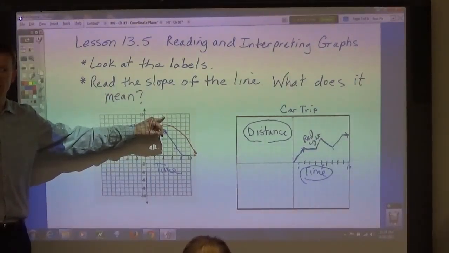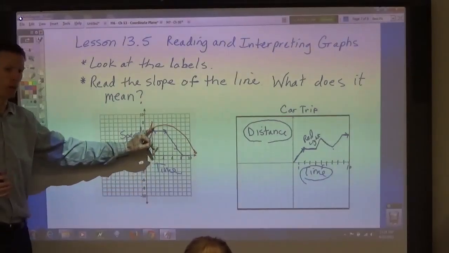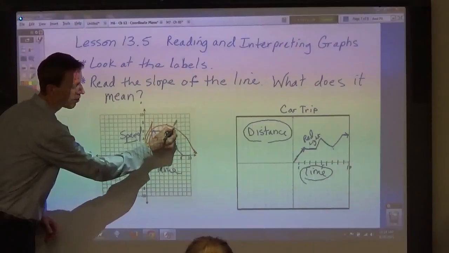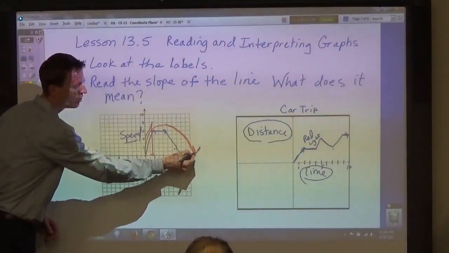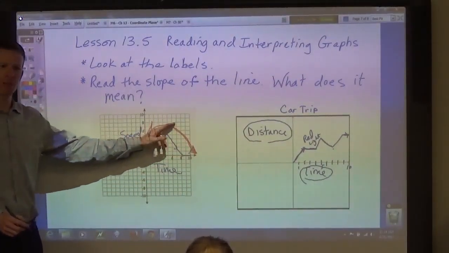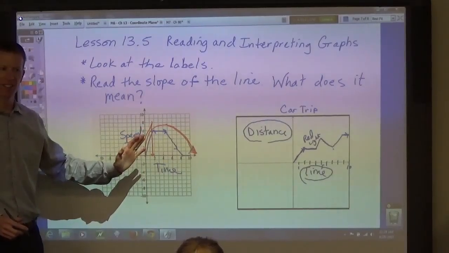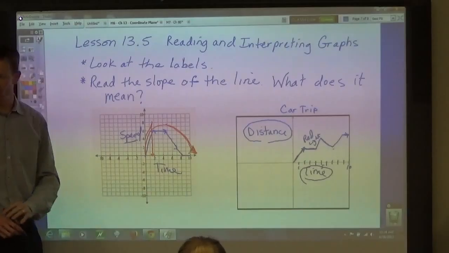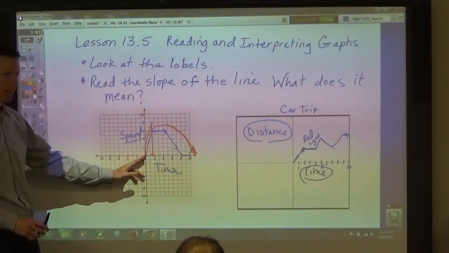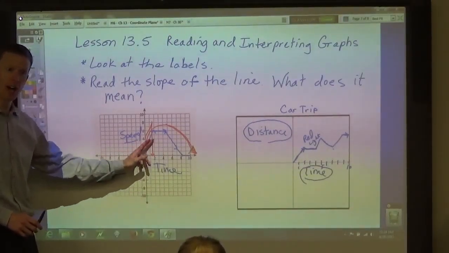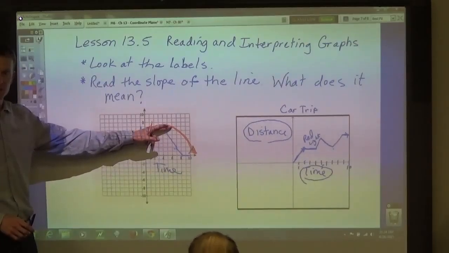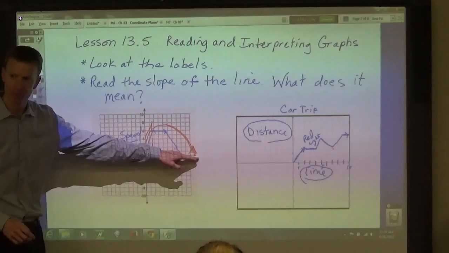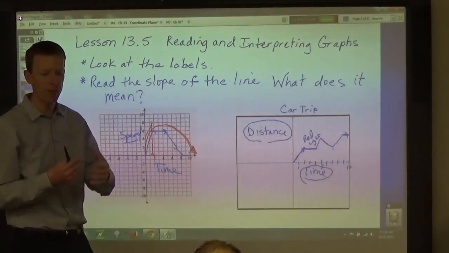If you're going down a hill, the speed would increase, and if you're going up the hill, your speed would decrease. You see how the opposite parts of the line show what's happening. So if you're going down a hill, you're going up in speed, and if you're going up a hill, you're going down in speed, right? So these graphs can be interpreted that way.